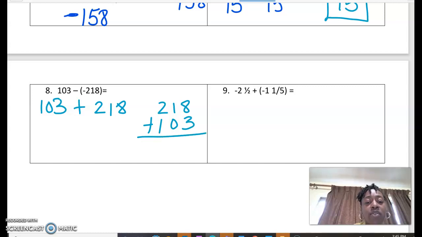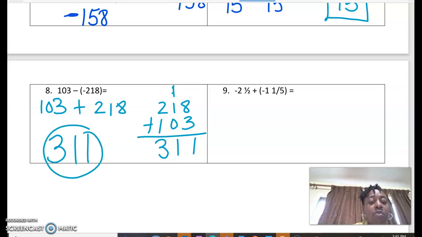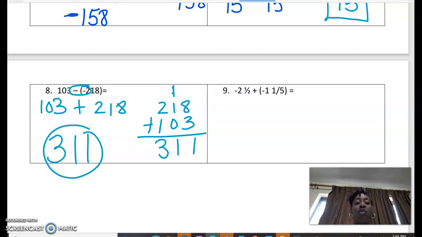All right, so 8 and 3, that makes 11. 1 and 1, that makes 1. 2 and 1, that makes 3. So my answer to this is 311. Because taking away a negative is the same as adding. We learned that when I take away negatives, when I play the integer game, my score does nothing but go up. So that's why that's that.